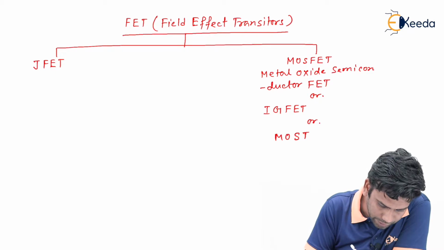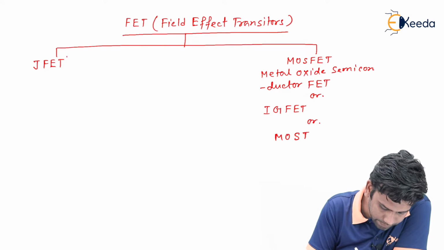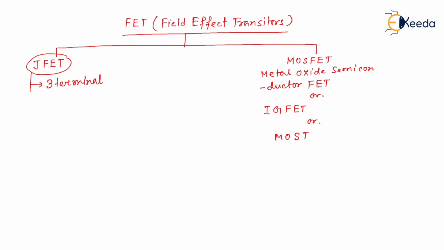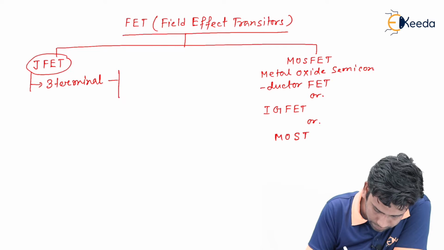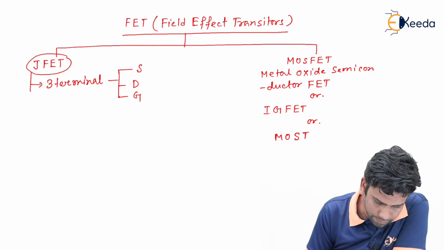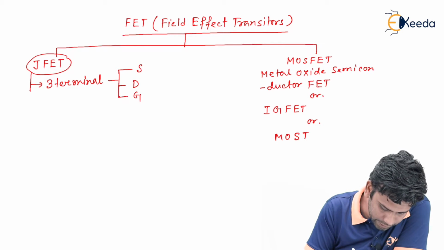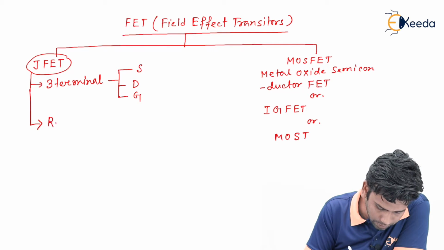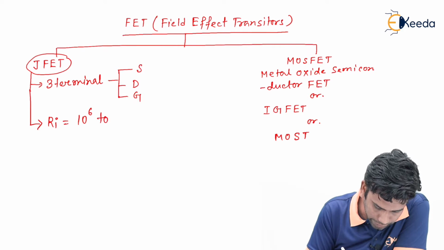So we know that this JFET is a three-terminal device and the terminals are source, drain and gate, and the input resistance of this JFET is high, of the order of 10 to the power 6 to 10 to the power 8 ohm.